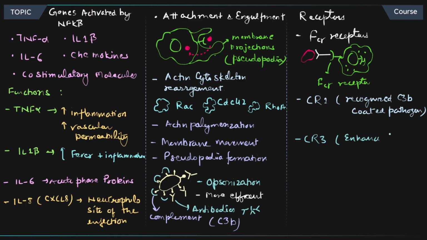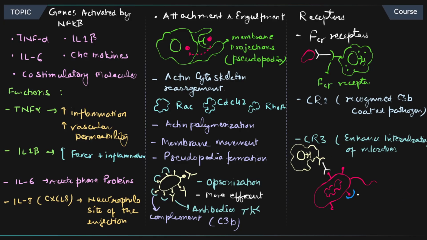Now CR3 is another one, which helps in enhancement of the internalization of microbes. So another receptor is involved in moving the pathogen inside the cell. Let's suppose this is a pathogen, right? These are the antigenic molecules, and antibodies are binding. Complement is binding. Blue color is complement, white color is antibody, and here is the receptor, you can see.